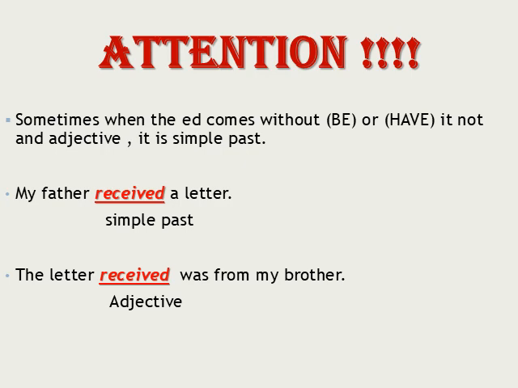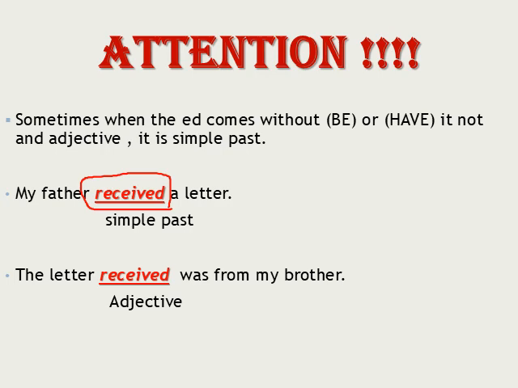But please pay attention. Sometimes the ed forms, when coming alone, are not adjectives. For example, "My father received a letter." Here "received" is an ed form. It comes alone. We didn't have a verb to be or a verb to have with it.